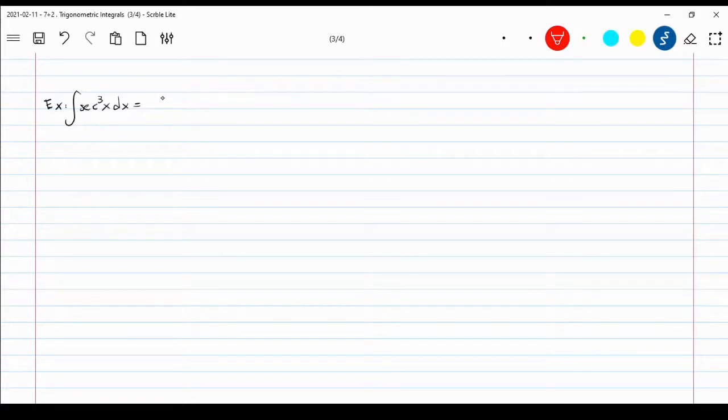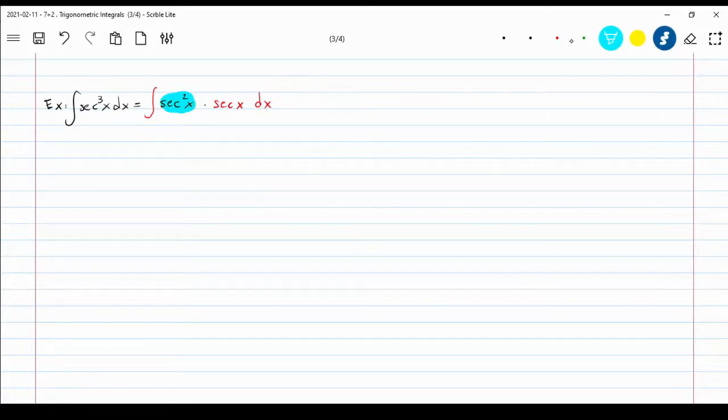integration by parts. So I'm going to write this as secant squared x multiplied by secant x dx. And what do we know? We know that secant squared is the derivative of tangent.